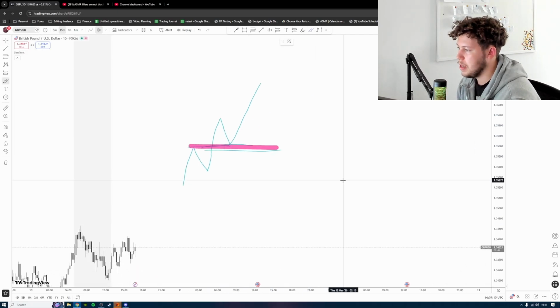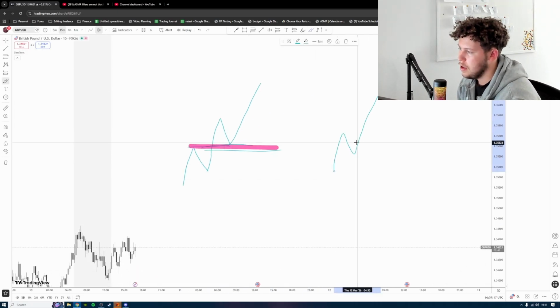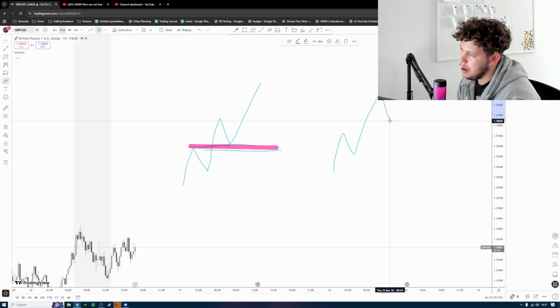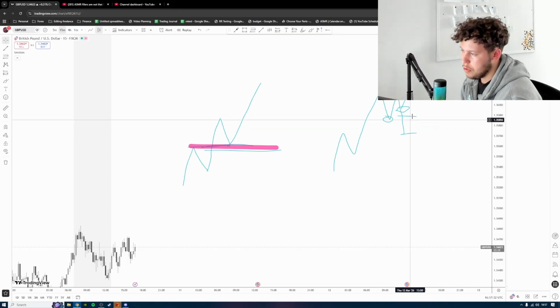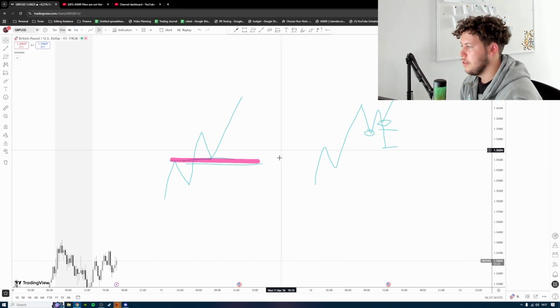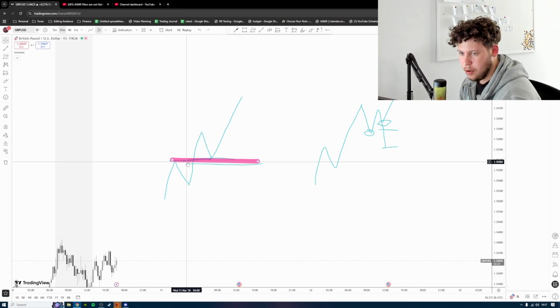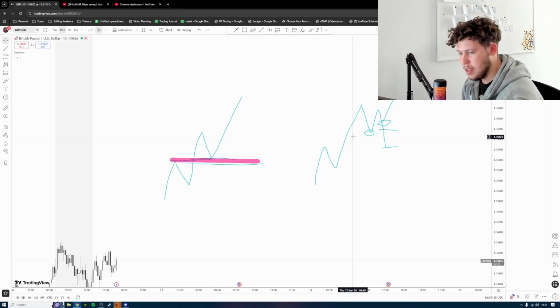You don't want to be in a position where you do this and then price comes down, and say you get a wick from here to here below this low, but the candle actually closes up here. What will probably happen is price will continue to the upside while you've been shorted out of the market. So make sure you're doing this option as opposed to this option.